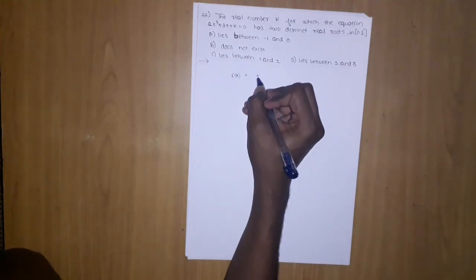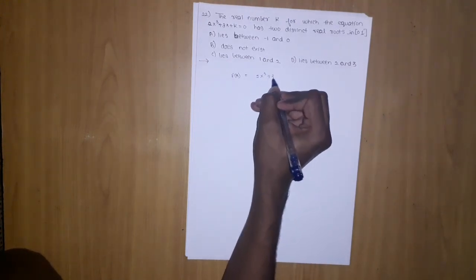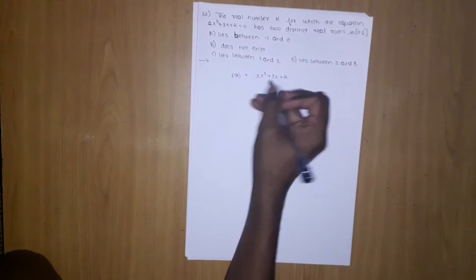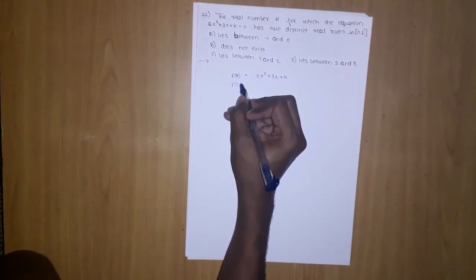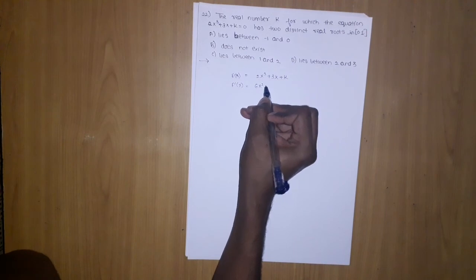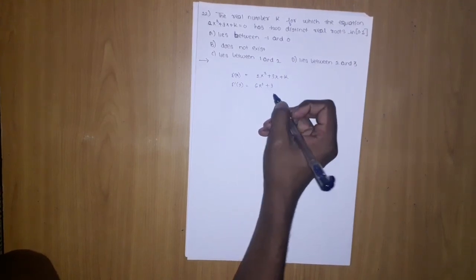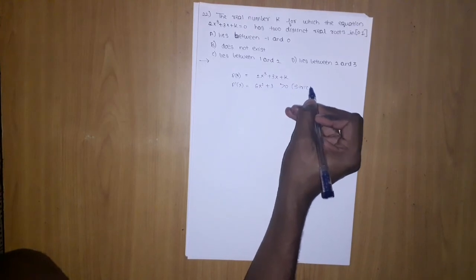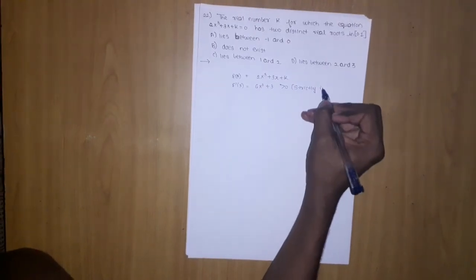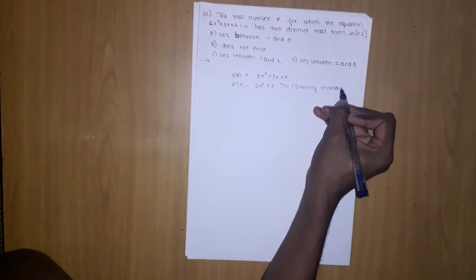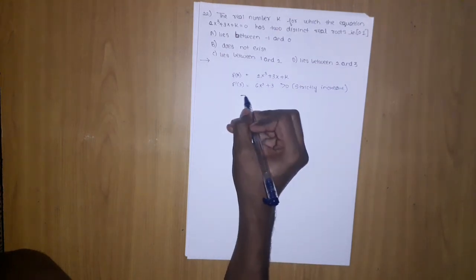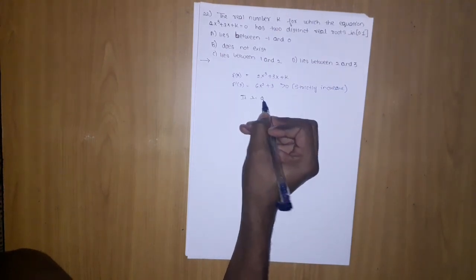Let's take f of x as 2x cube plus 3x plus k. Now if I take f dash x, what do I get? 6x square plus 3. Now what can you say? It is strictly increasing, and just a few minutes ago we discussed that it is an odd power function.